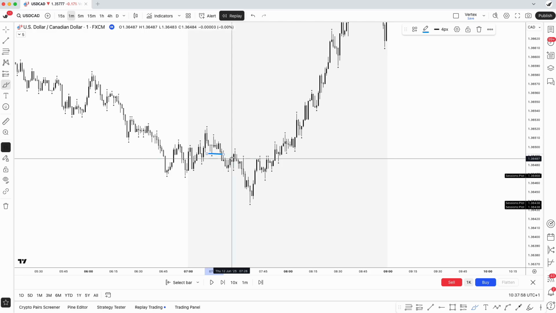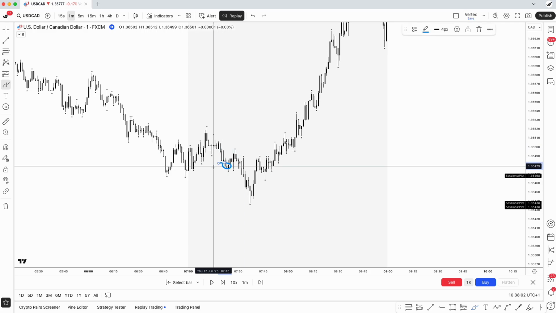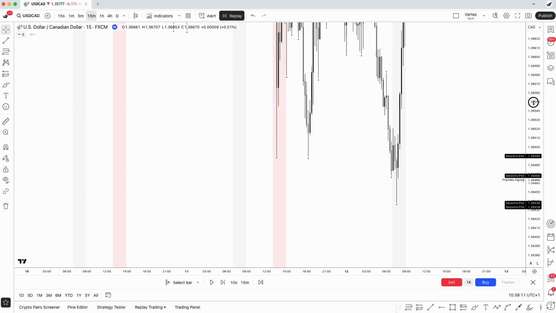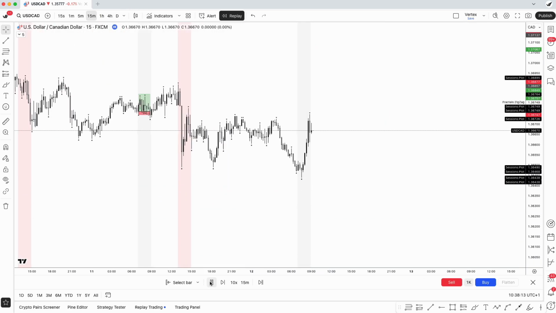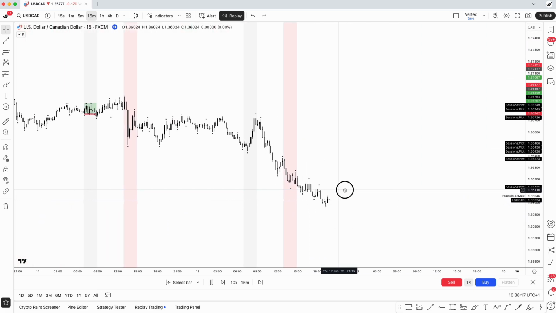We also have this minor sweep, which doesn't get triggered in here. It gets invalidated, sorry, not violated. I guess same thing works, by that body break there. So no trade. So we are currently still sitting at 9R for the week. Let's move over to Friday.